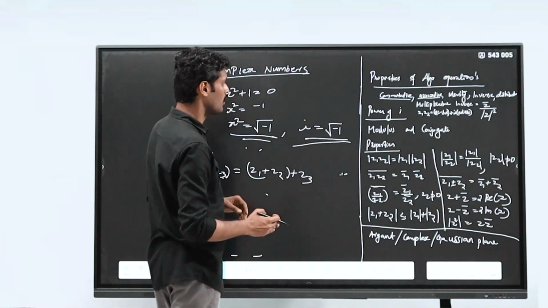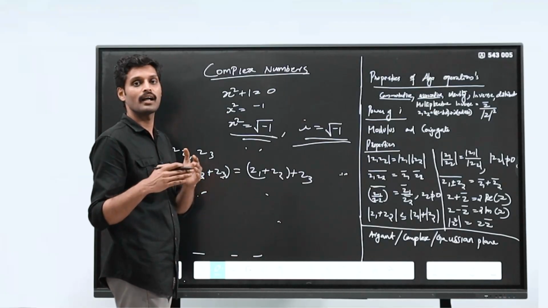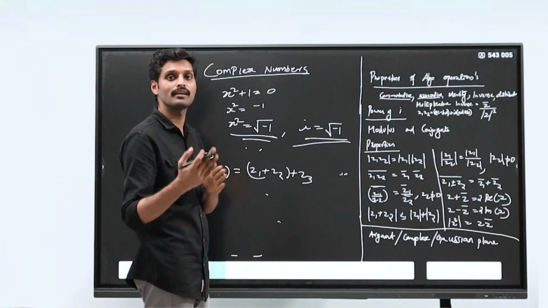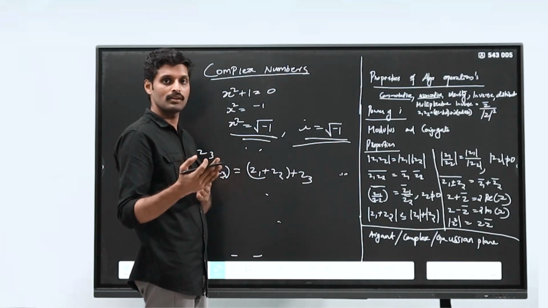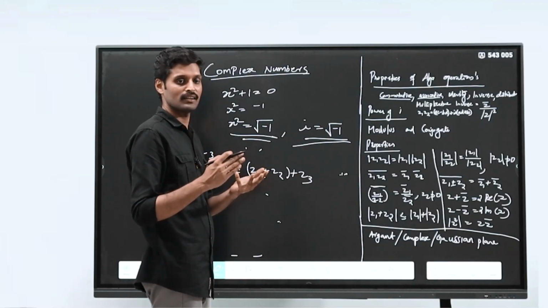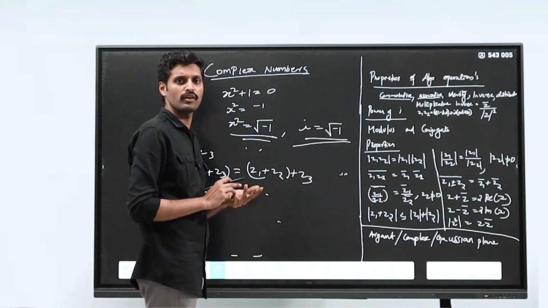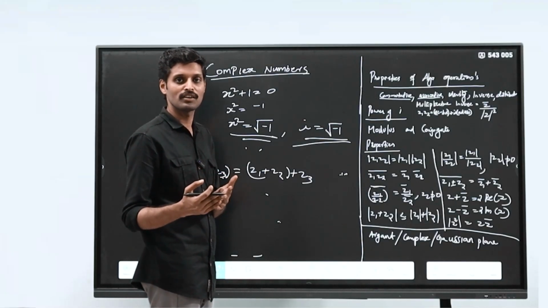And always for complex numbers, there exist inverse as well as identity elements. If we take numbers, we know that there is always an additive inverse or multiplicative inverse, additive identity, multiplicative identity.